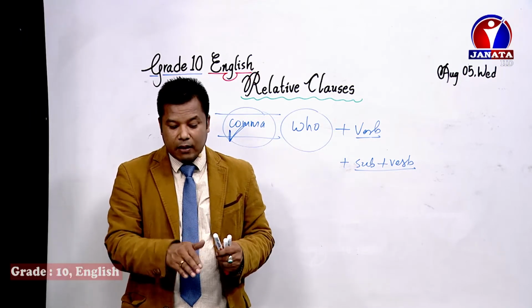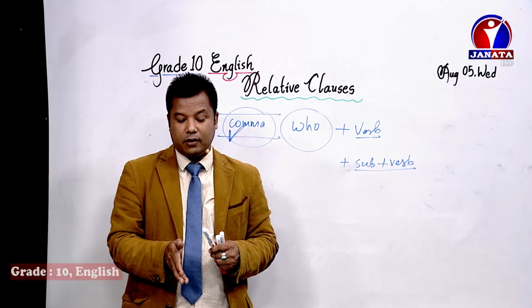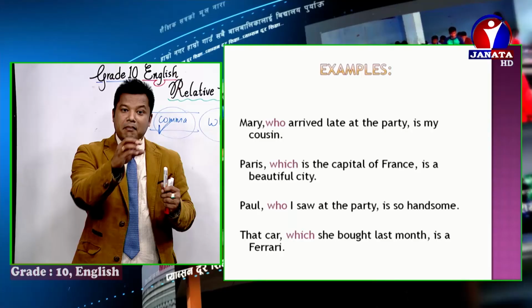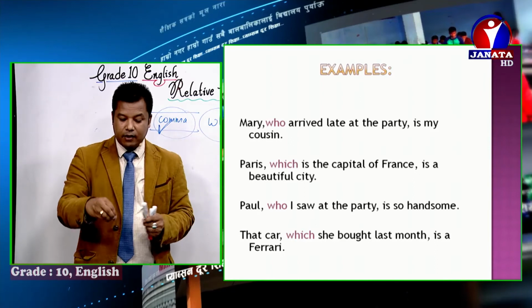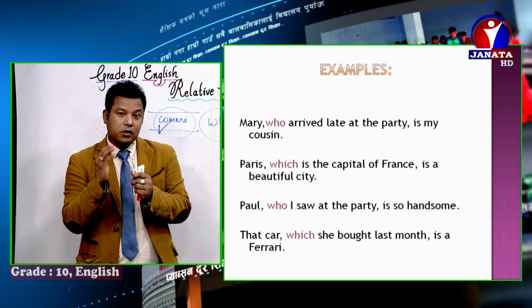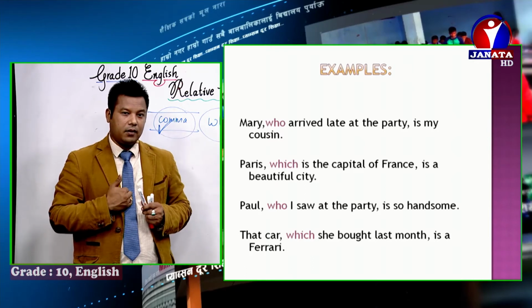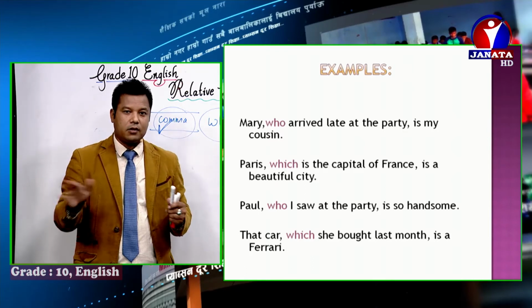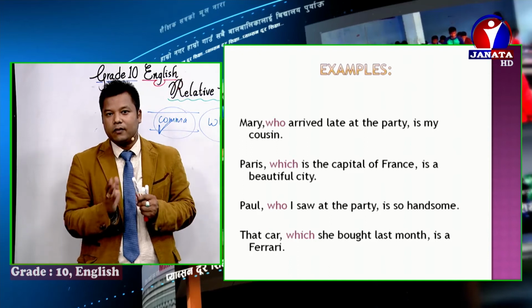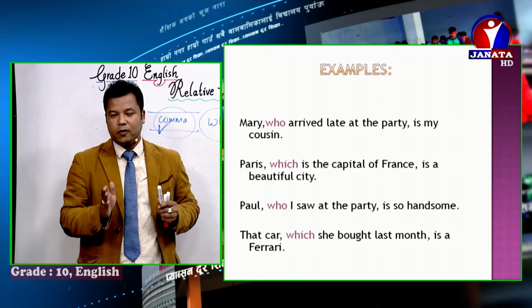So when I use it without a comma, Mary who arrived late at the party is my cousin. There were many Marys in the party, but only one arrived late, and that is my cousin. The other Marys are not my cousin. So that is your understanding with the use of a comma and no comma, and therefore it's always important.